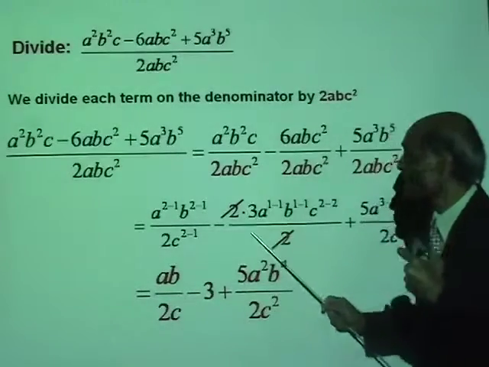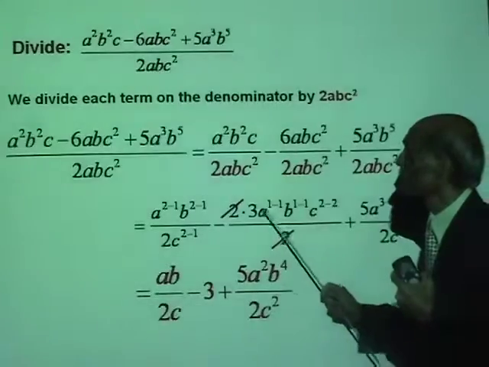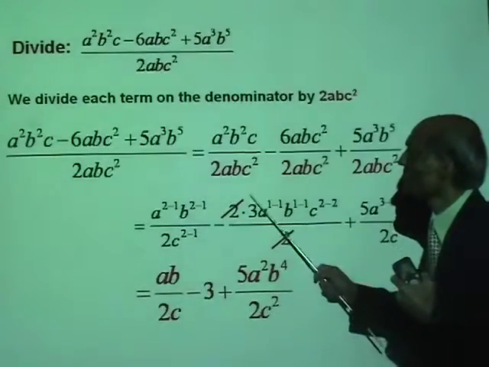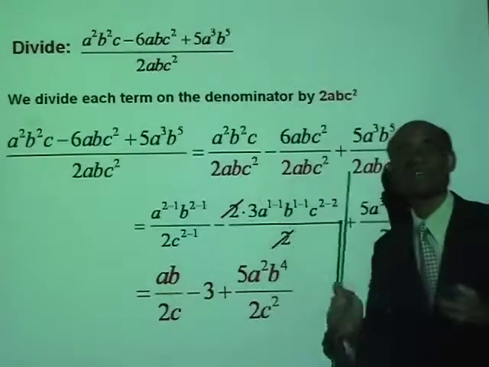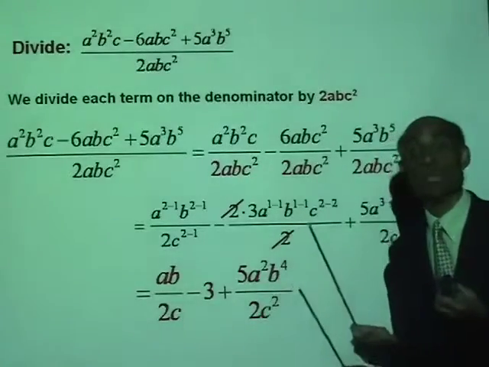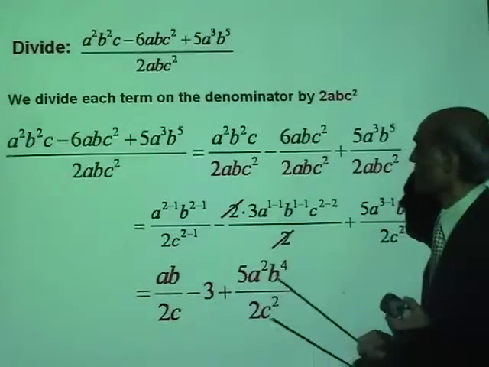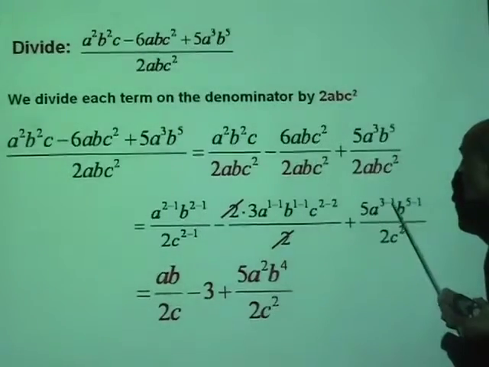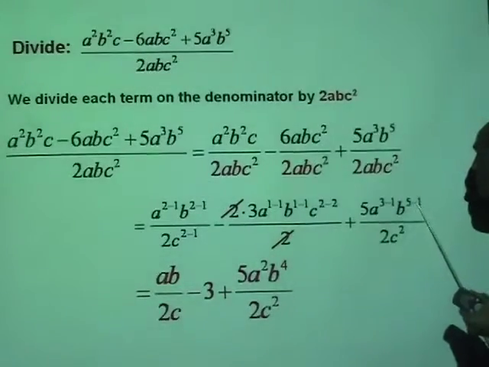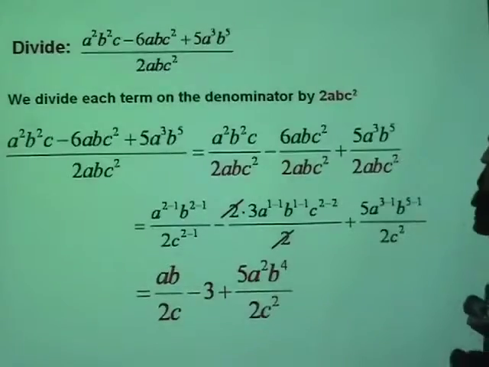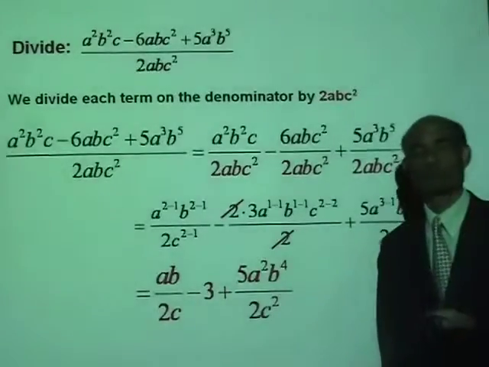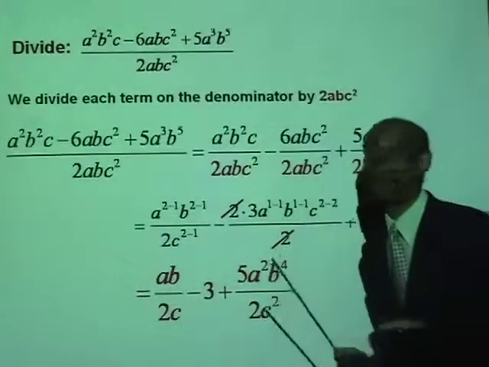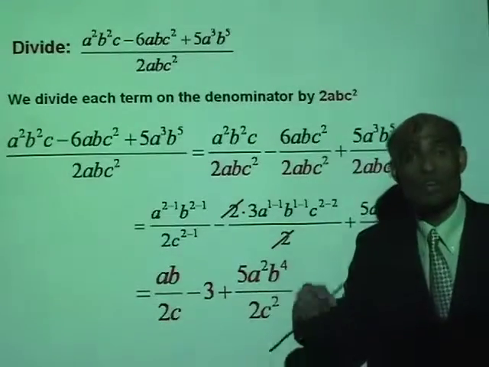So what is my second term? After these 2's have cancelled, the second term is simply a negative 3. Plus, the last term, I have 5a squared b to the power of 4 over 2c squared. That has been a very good problem, and I want you to practice that one more time.